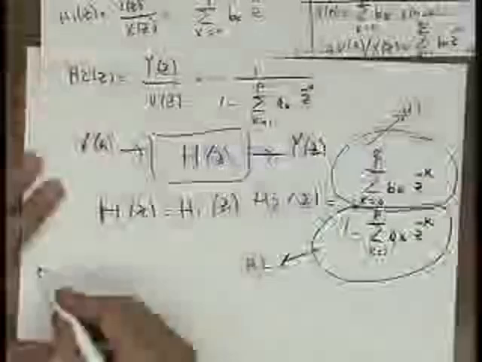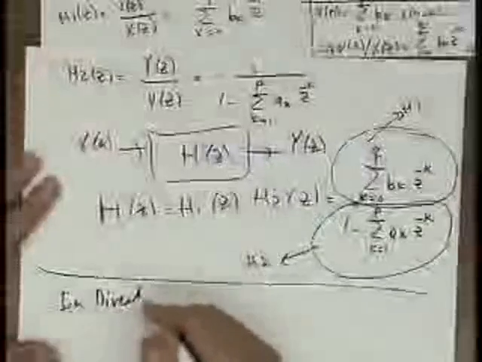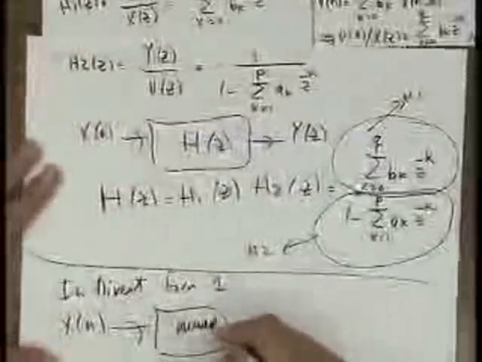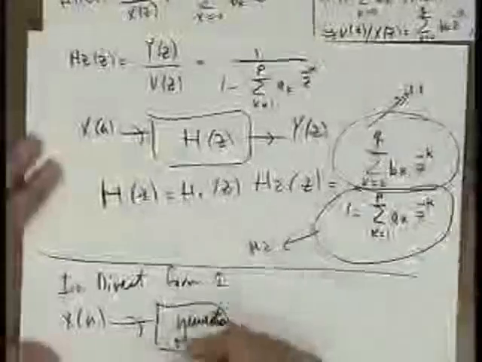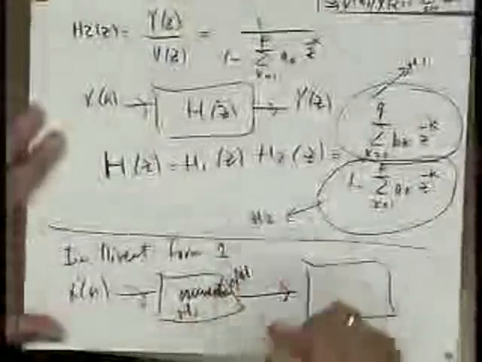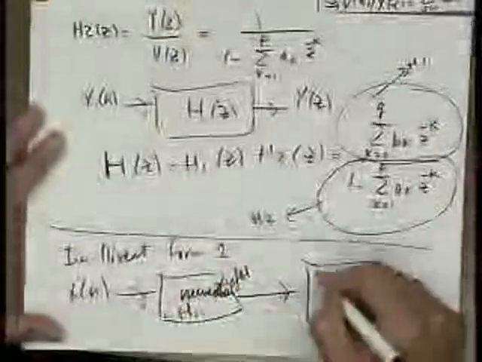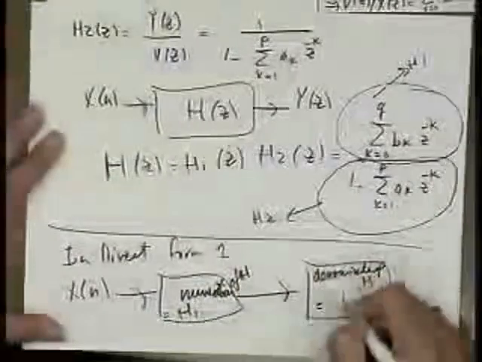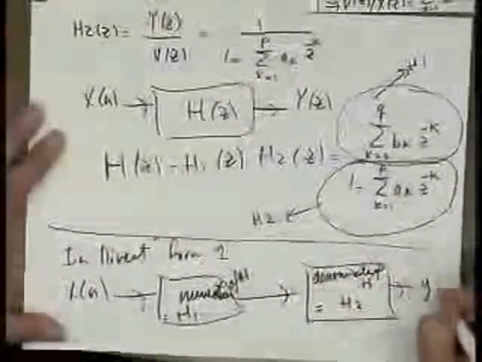So in direct form 1 I started with x of n and then computed the numerator of H, which is the same as H1, followed by the denominator of H, which is the same as H2, and out comes y. That's the way I did direct form 1.